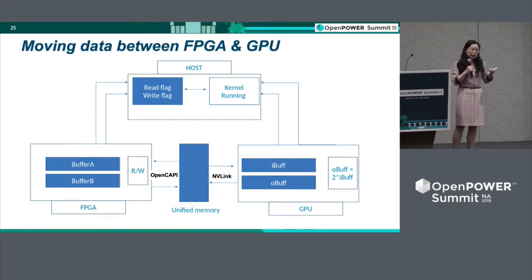In this case, FPGA can work with GPU together. And the best thing is that they can share the unified memory. FPGA uses the OpenCAPI interface and the GPU uses the NVLink interface. It is very convenient, and we already have an example running in this way.